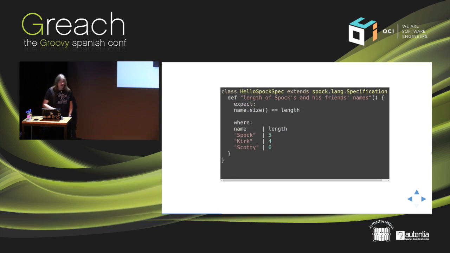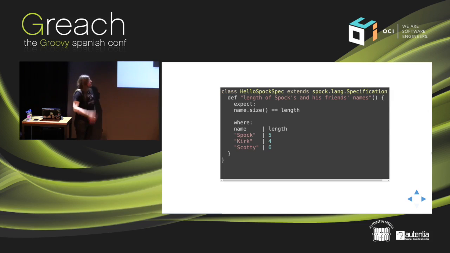And here we have a small example I took from the official documentation. That's Groovy code, and Spock basically has its own DSL, which is used to specify tests in a more rich and natural way, maybe. What's really cool in this example is the where block.